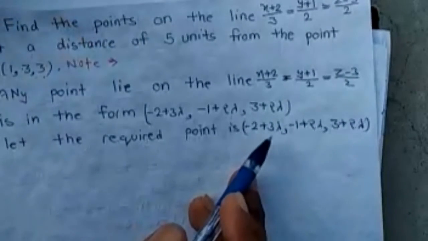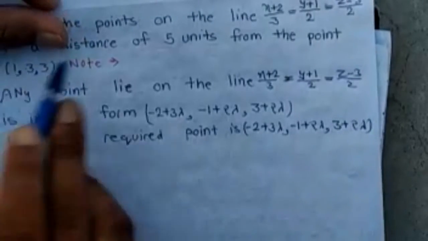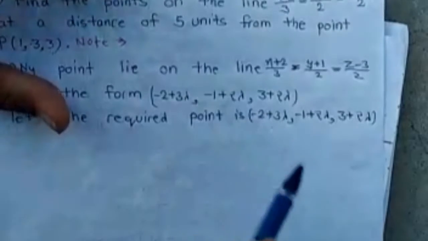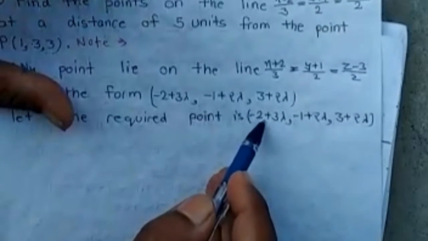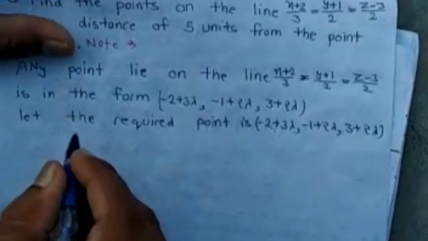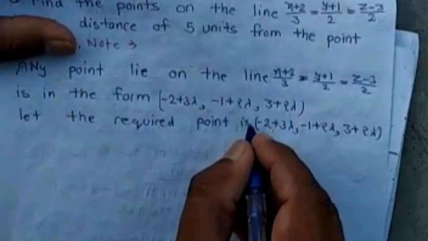Now the distance between this point and the given point is equal to 5, and we find the value of lambda. Put the value of lambda in this term and get the required point. Let it be A.